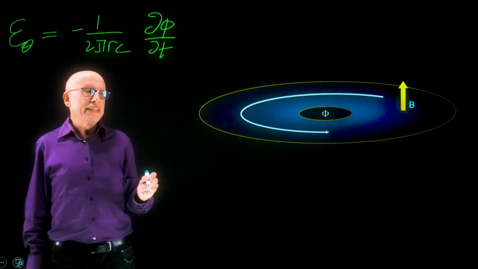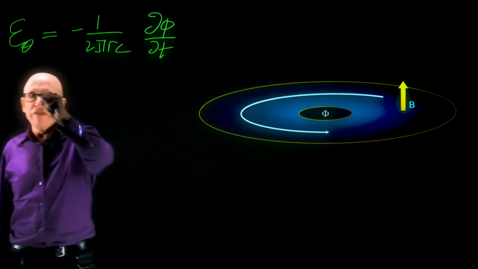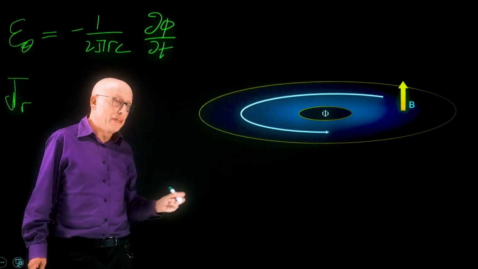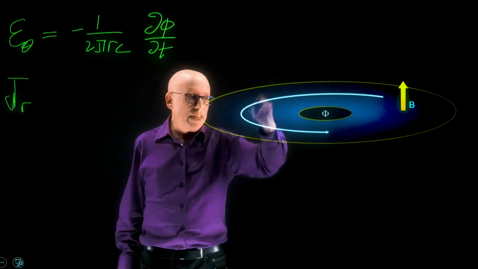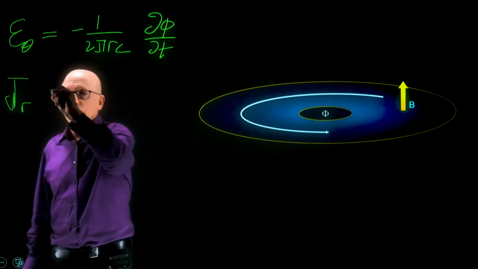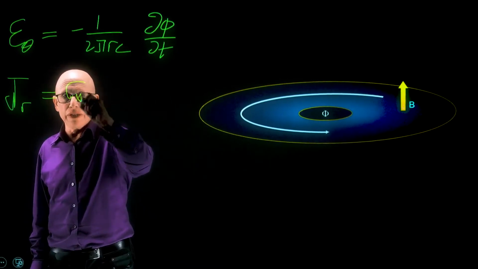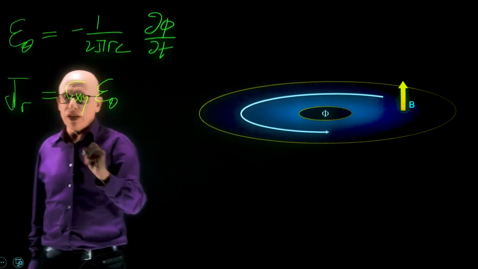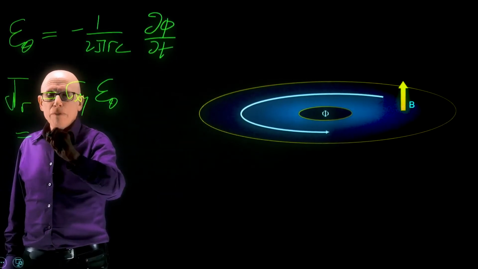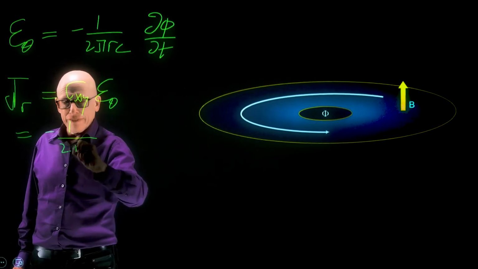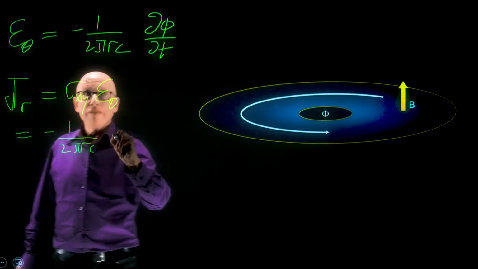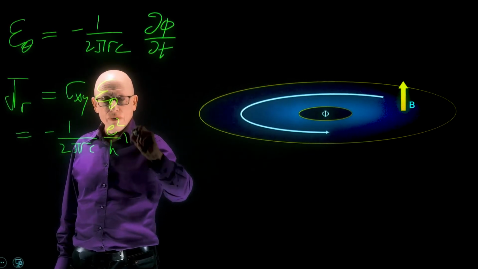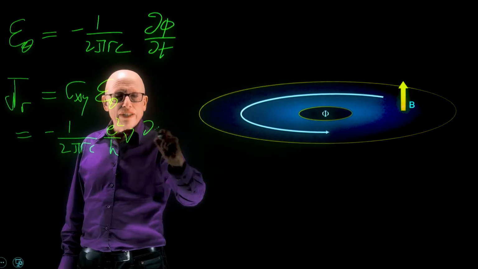Now, the electrons in the disk are in a quantum Hall state, and therefore there will be a radial current that's going to be formed out of that electric field. And the value of the radial current is going to be sigma xy times the azimuthal electric field, which would be -1 over 2 pi Rc, e squared over h times nu times d phi dt.